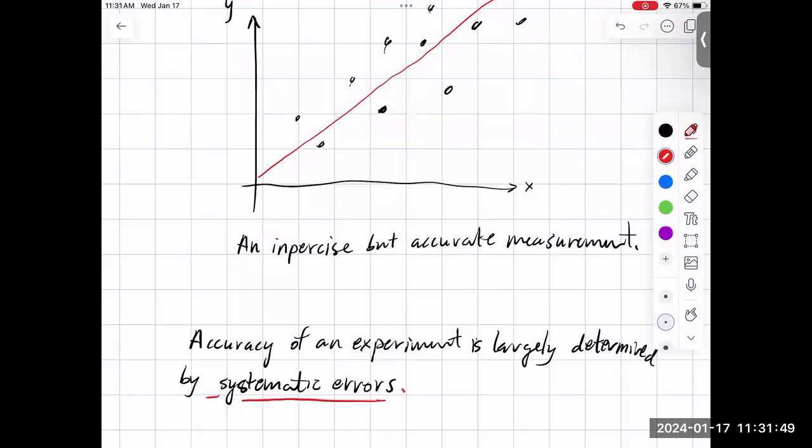So for example, you might have a pair of digital calipers, and you're going to measure the length of a block over and over again. You do a set of measurements, and then at the end, you close the jaws of the calipers, and you look at the digital display, and it says 0.006, and you're like, well, hold on.